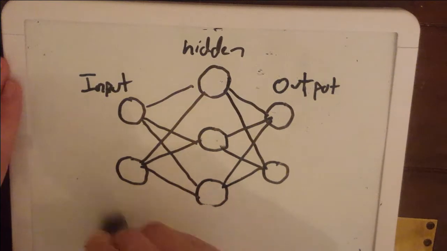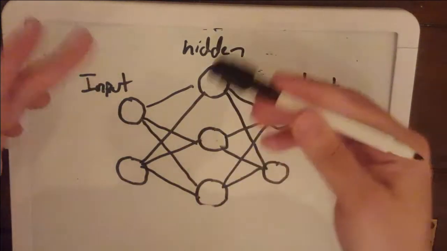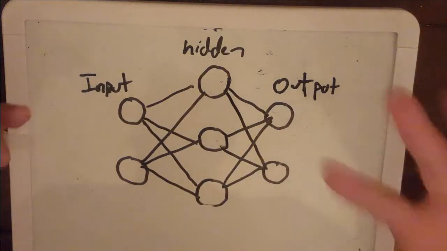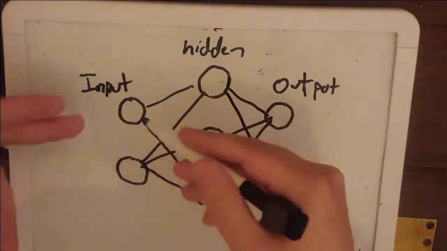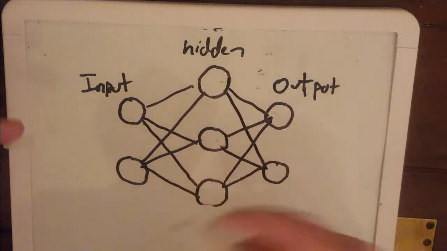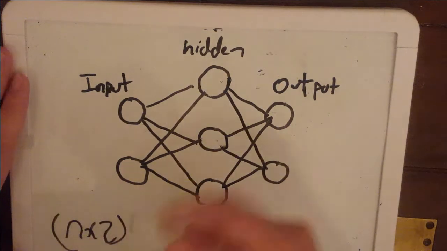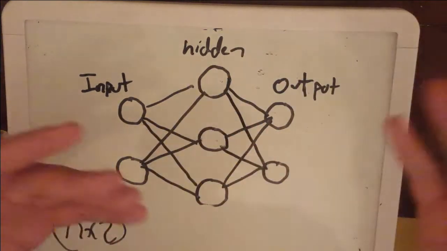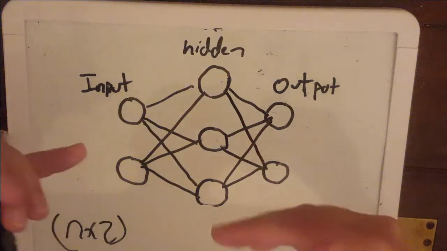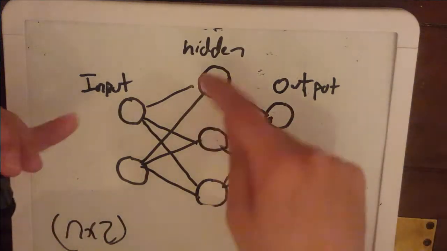Now, how we determine the size of our next layer is by the weight we multiply with. So we have an n by 2 matrix. Now what we want is for our output, our hidden layer, to be an n by 3 matrix.